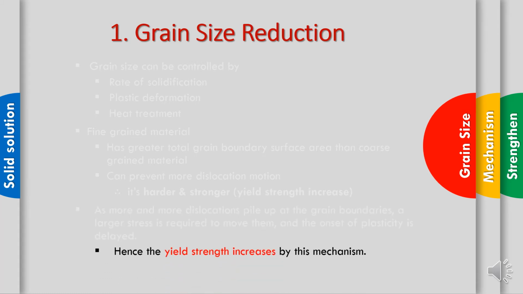Hence, the yield strength increases by this mechanism. So for grain size reduction, fine grain is very important to produce a harder and stronger material.